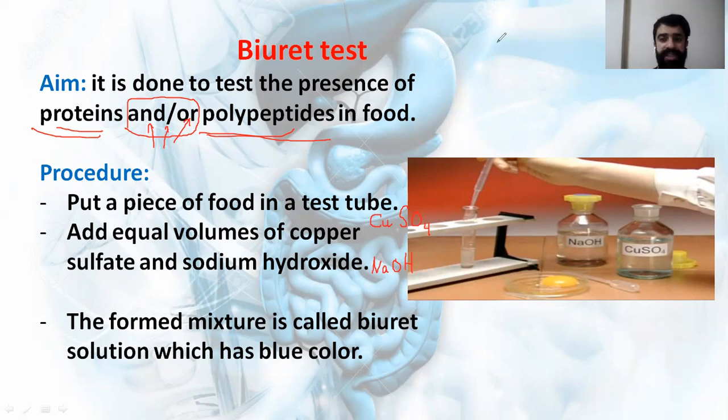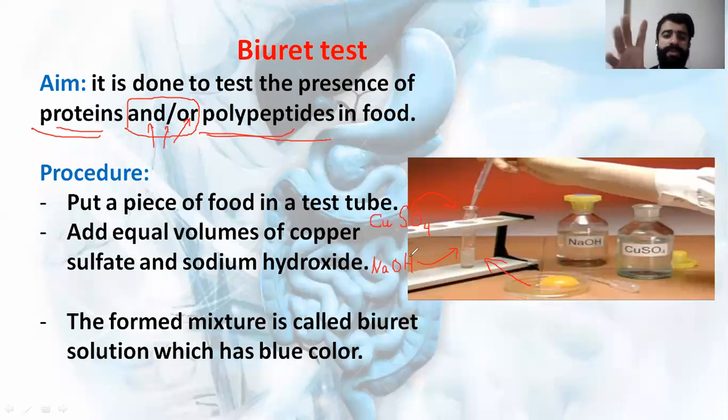So next, these are the first steps. What is the procedure? Put a piece of food inside the test tube. Add equal volumes or equal drops, for example, 2 drops of CuSO4 and 2 drops of NaOH. If it's 3 drops, 3 drops, and so on.